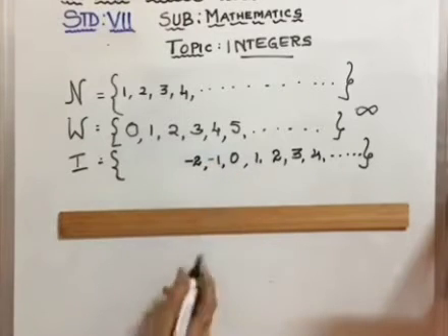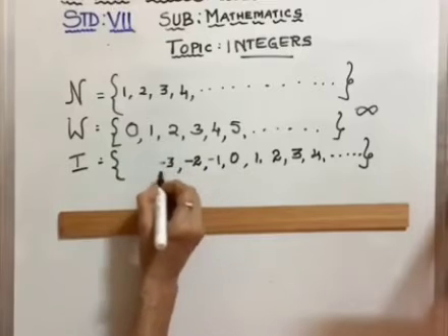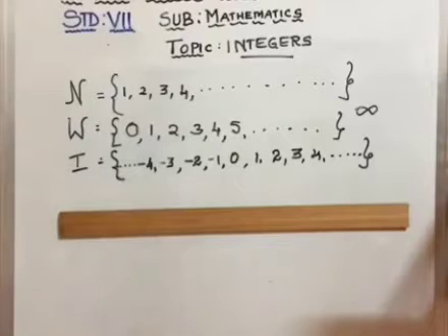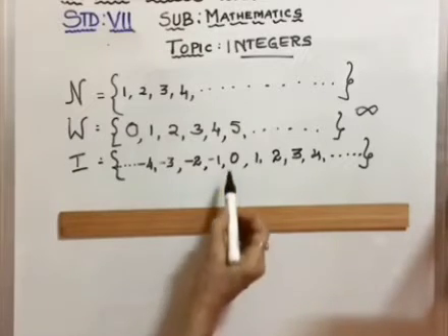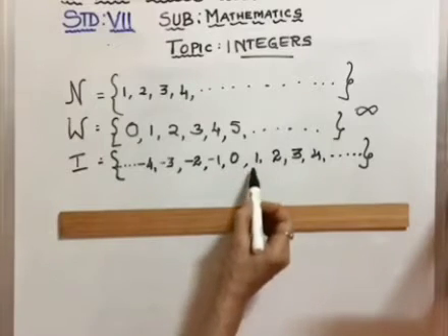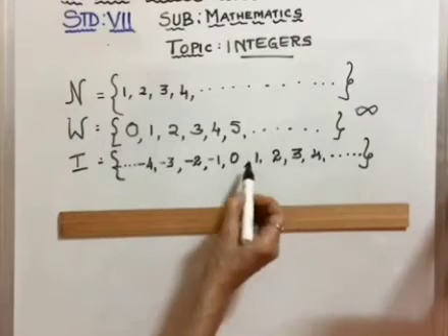You can also call them negative 1, negative 2, negative 3, negative 4, and so on. Again, I repeat, the set of integers is a large set comprising whole numbers and negatives of all the natural numbers.